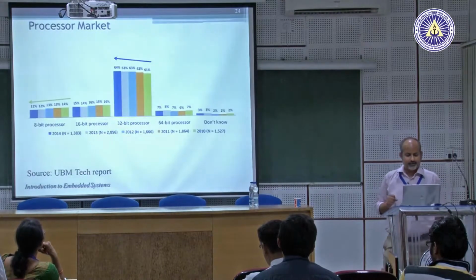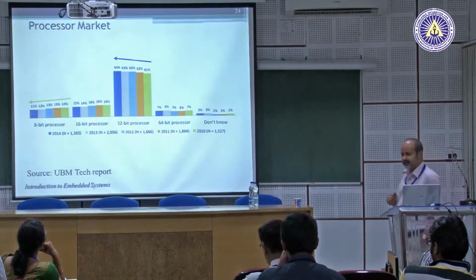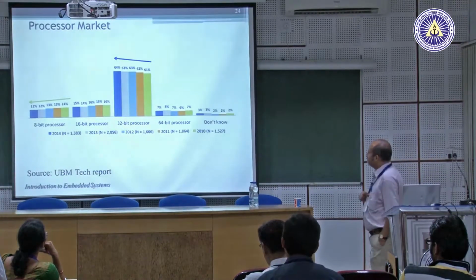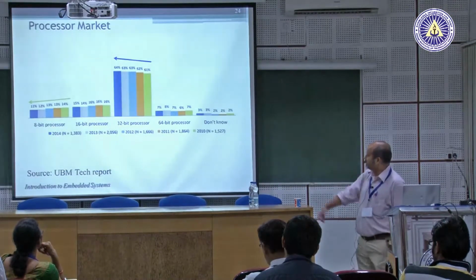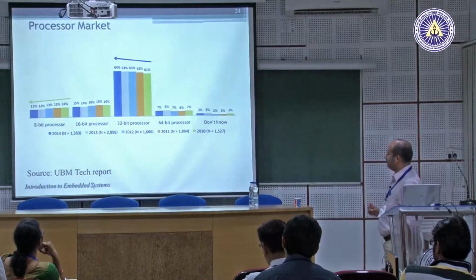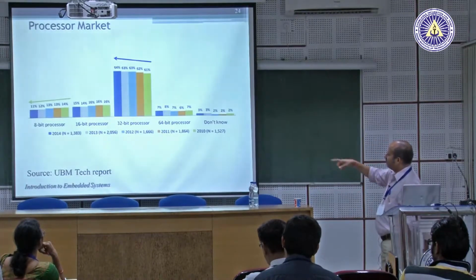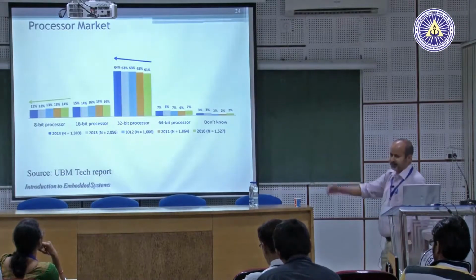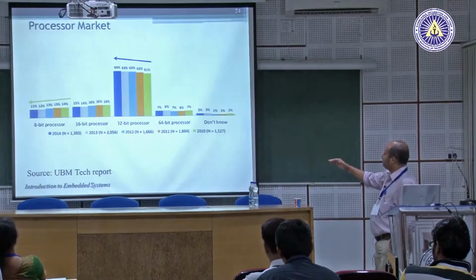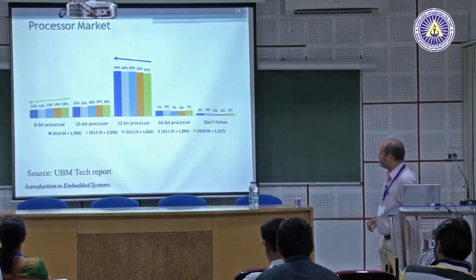Now if you look at the last couple of years, you see that there is a decrease. Here the graph is from right to left for each of these different categories. If you look at the 8-bit microprocessor, its market share has been decreasing, and the 16-bit processor market share is also decreasing, but not so much.